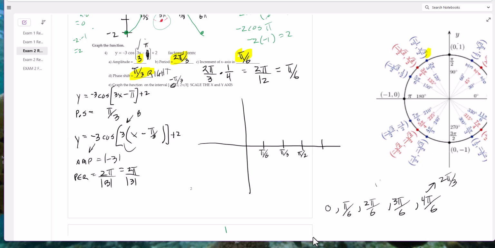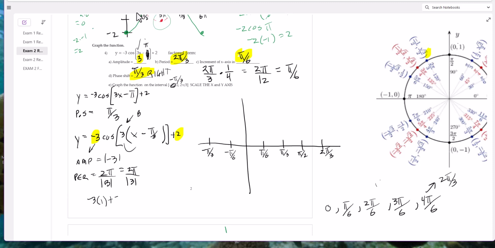I'm also going to back up and do negative pi over 6, and then negative pi over 3 like that. Now if you look at the numbers in front, those numbers are going to tell you how the y values are being affected. If you take the high point, the maximum of 1, multiply it by negative 3 and add 2, that'll give you negative 1.